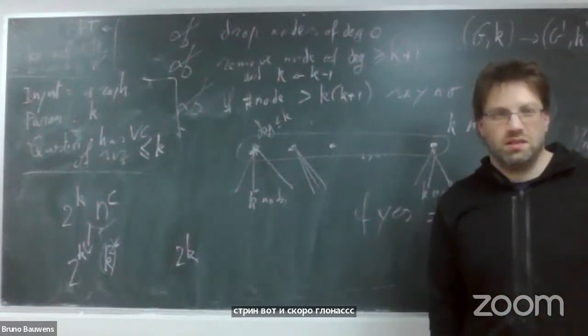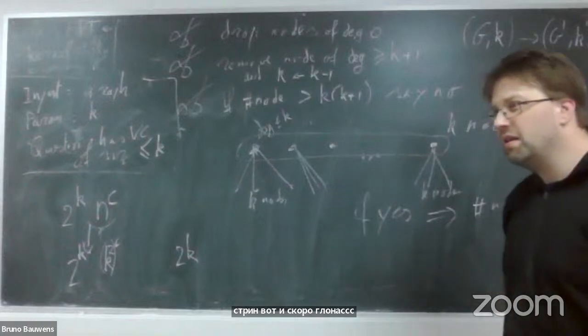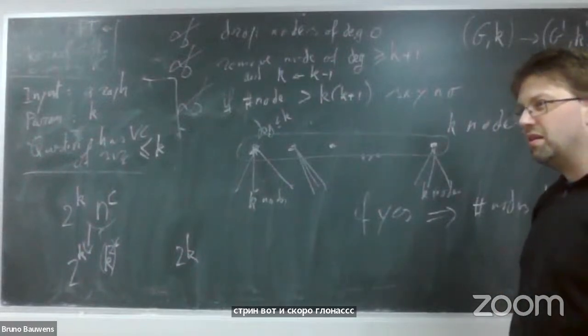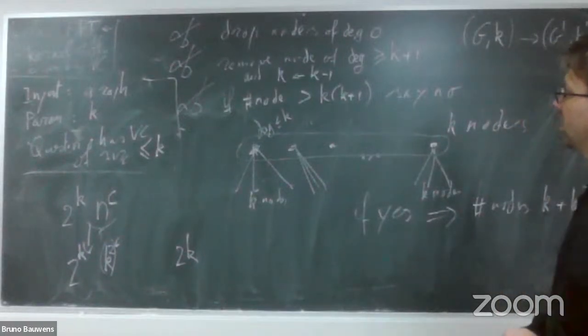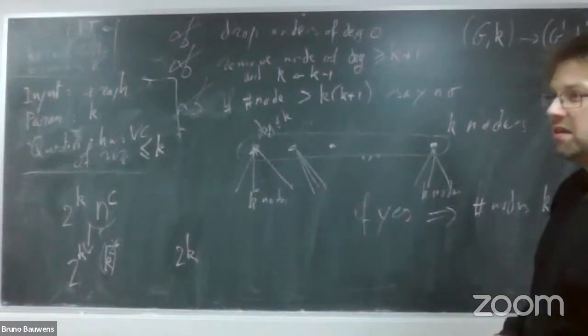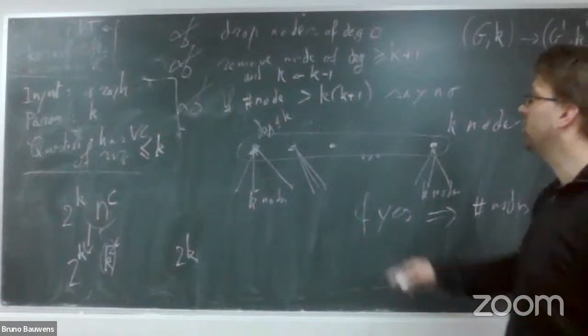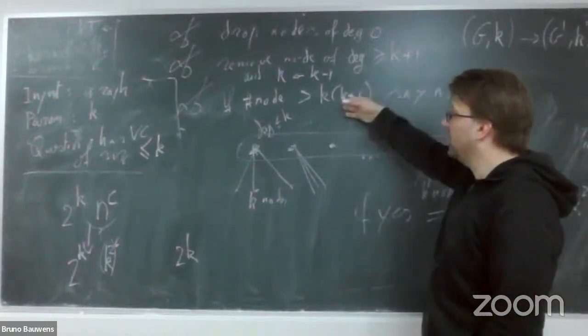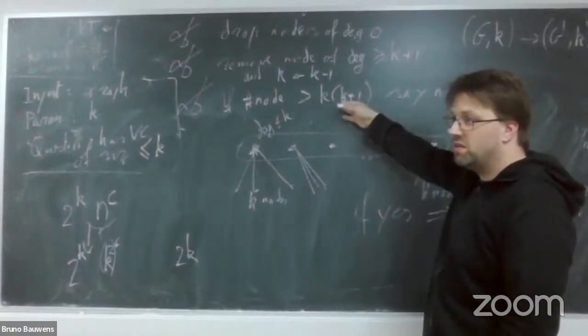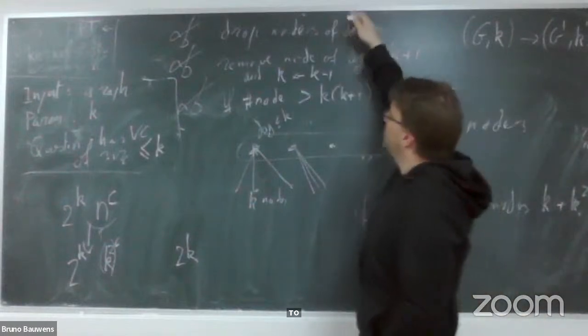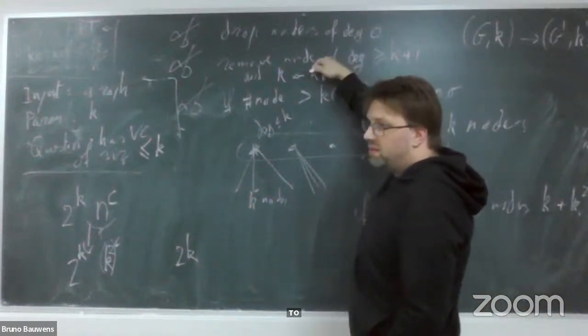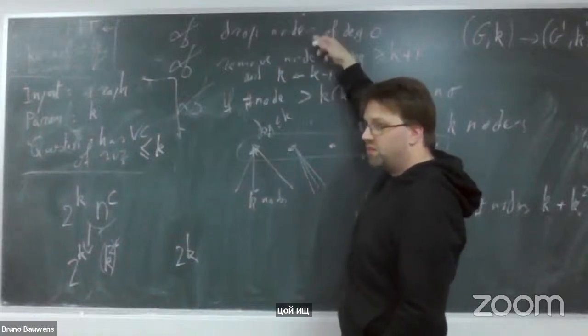I have a question. On the second step, we just select some node that has a degree larger than k plus 1. What if we don't have such a node? Then we're finished with this rule, and we can go to the next rule. Each time we start from the top, and when we can do something, we start again from the top.